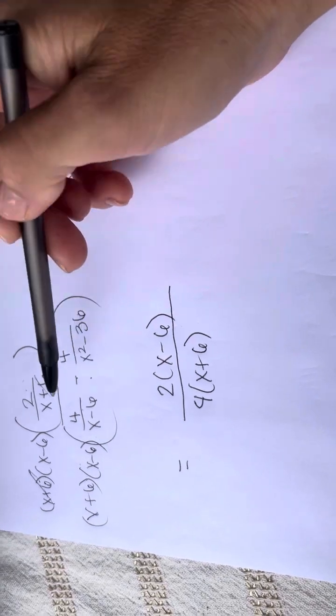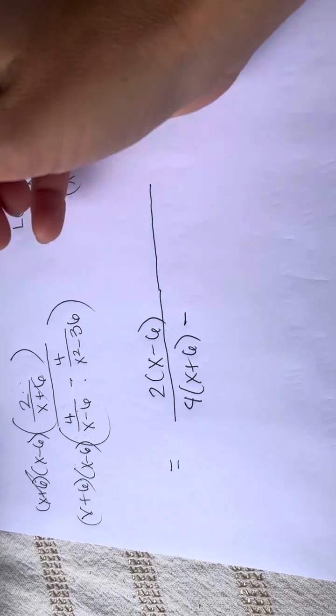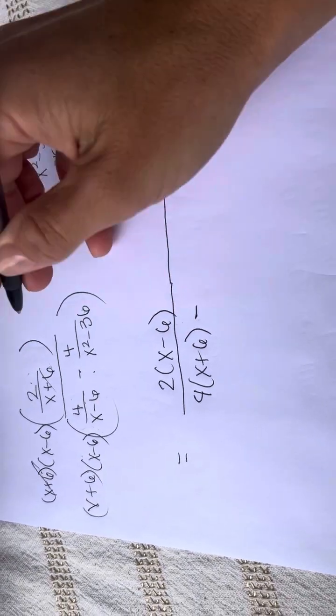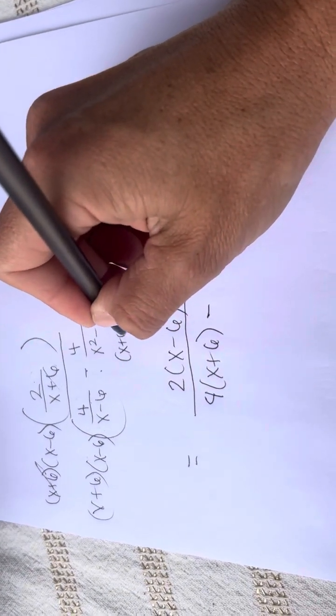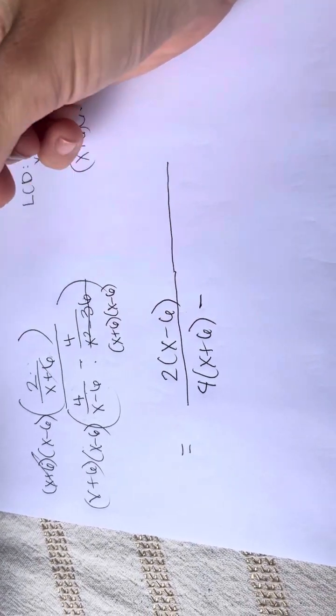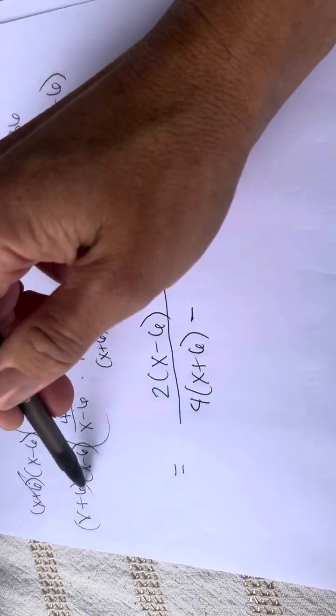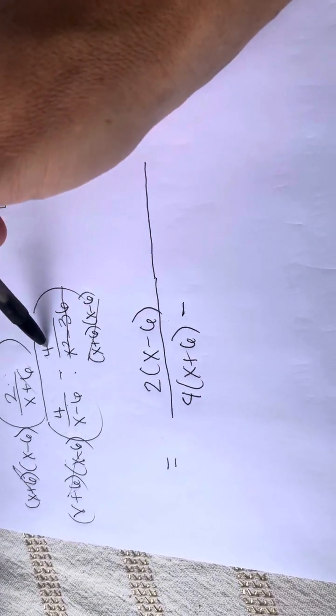And we do have a minus. Okay, now this does factor once again to the x plus 6 times x minus 6. Okay, so when I multiply this times this fraction, these are going to both cancel, and then you're just left with minus 4.